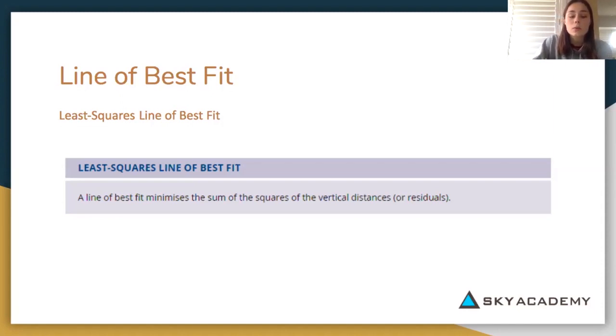So what will happen with the least squares line of best fit is you'll calculate with your calculator lots of different values, which we'll have a look at in the next slide. And by doing this, you can sub those values into formulas, and these formulas will solve for the gradient.